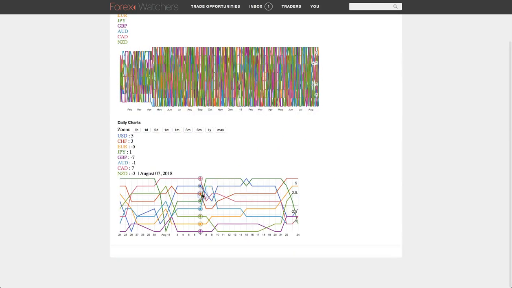Let's say I choose this day right here, and I can see USD. These are all numbers out of 7, right? USD plus 5, Swiss franc plus 3, Euro minus 5, plus 1, minus 7, minus 1, plus 7, minus 3. You get the idea. It's basically telling you how strong is the dollar, how weak is the euro, and stuff like that.